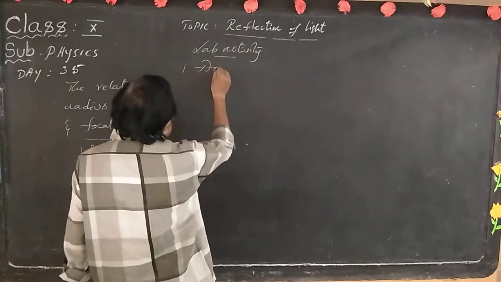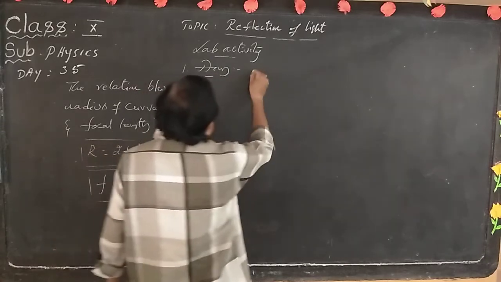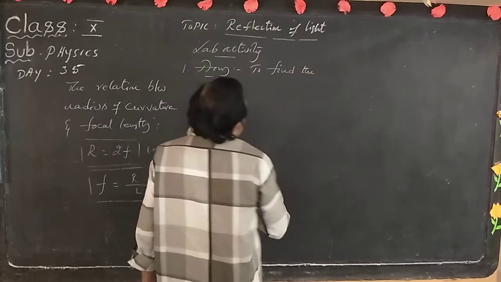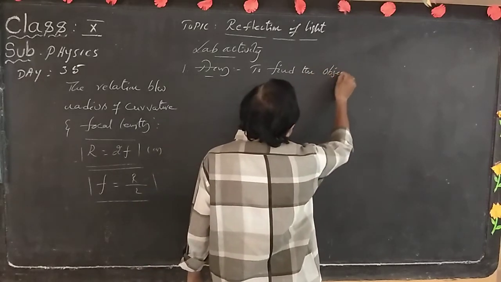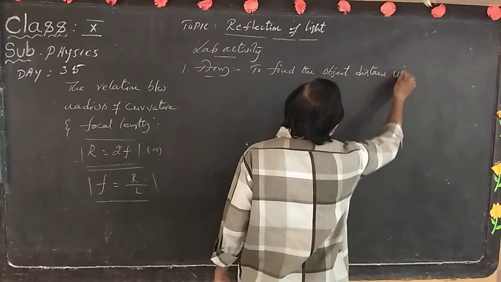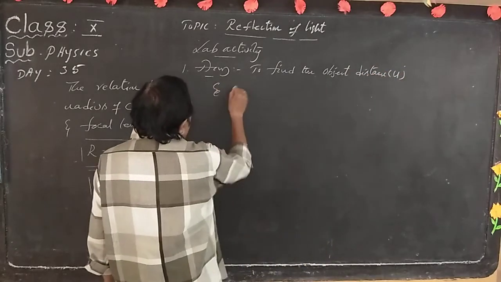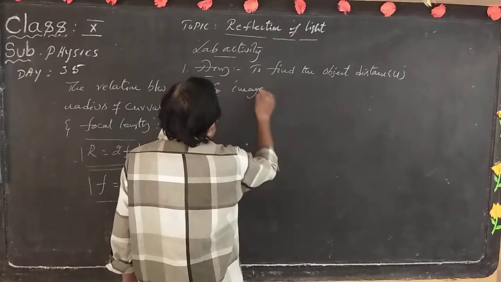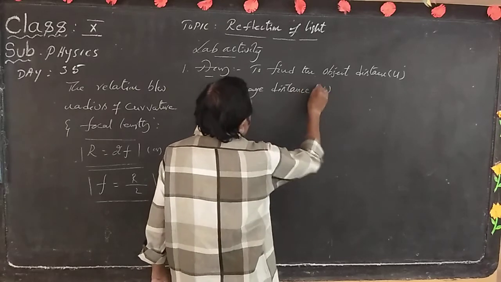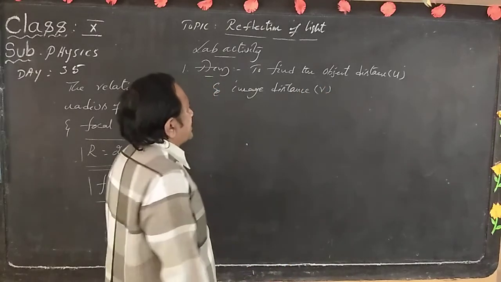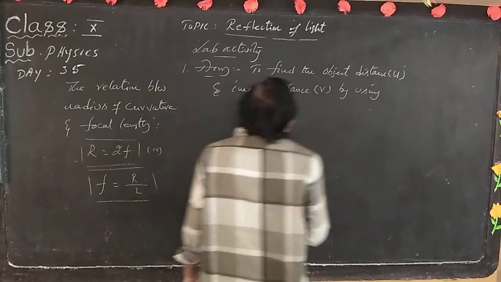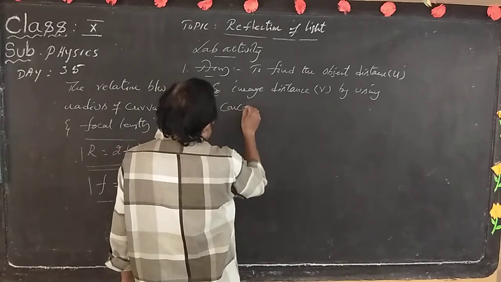The aim of this experiment is to find the object distance and image distance. Object distance is said to be u, and image distance is said to be v, using a concave mirror.